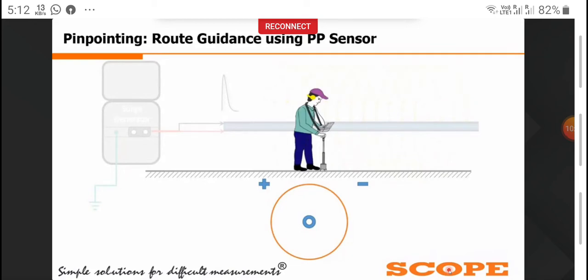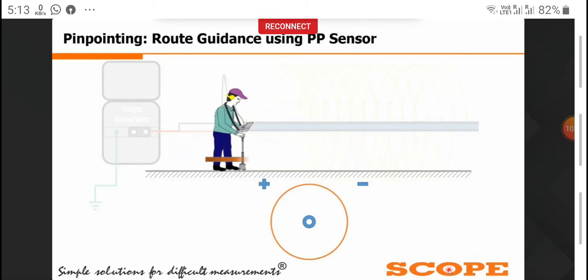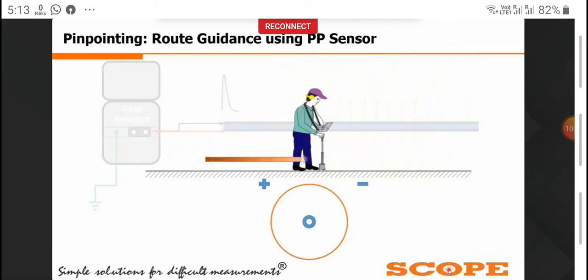The user might get confused during the pinpointing process, moving here and there, and might get distracted from the cable route. So to maintain the operator on the cable route, let us consider the user is moving towards one side of the cable, then the positive magnetic field is received from the cable.